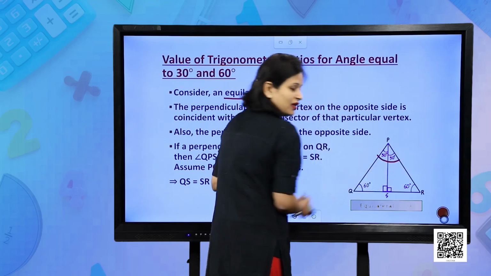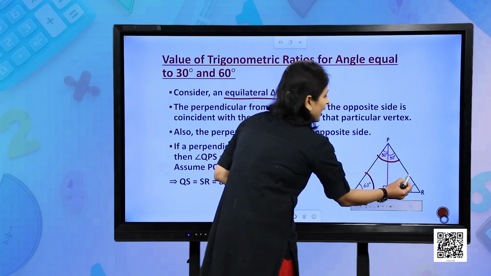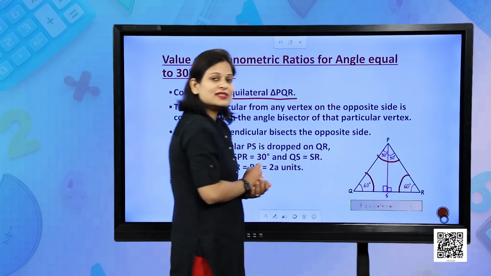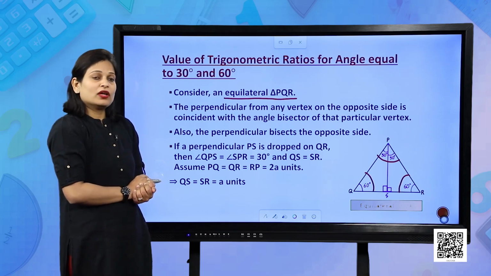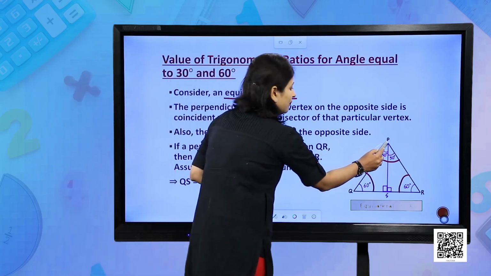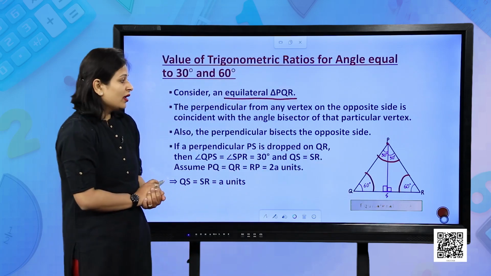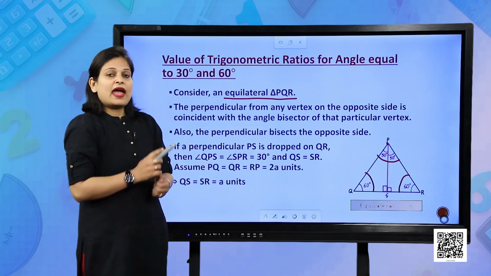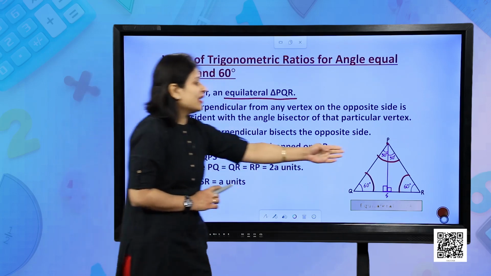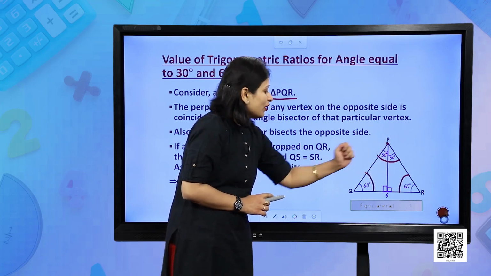Angle P is of 60 degree, angle Q is of 60 degree and angle R is of 60 degree. Now, we will drop a perpendicular from vertex P to the opposite side QR. Now, PS will be the perpendicular and the perpendicular will bisect these angles. Angle P, what will you get?